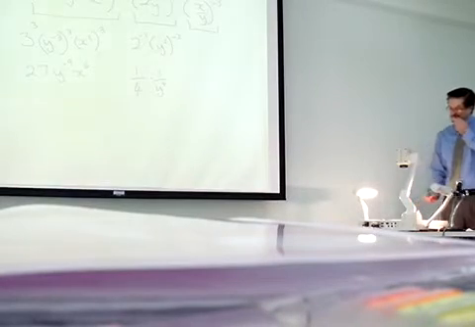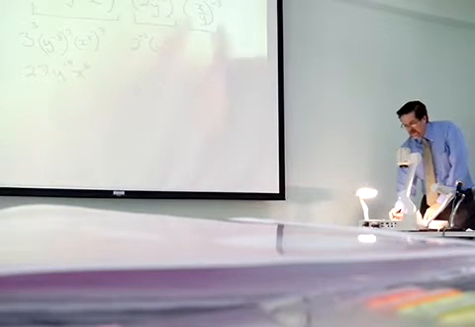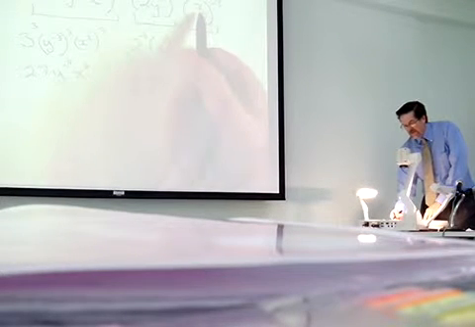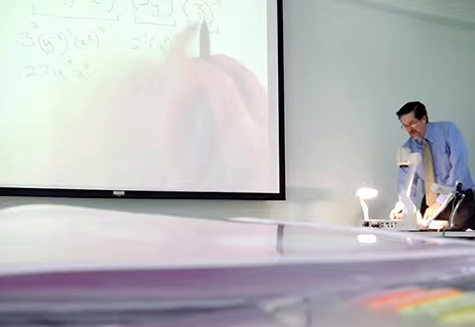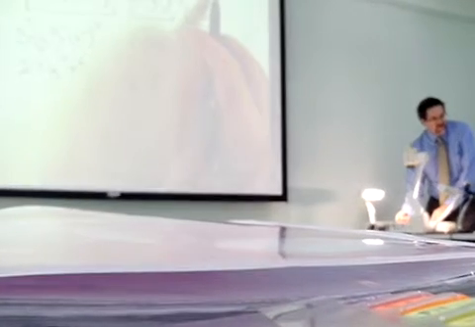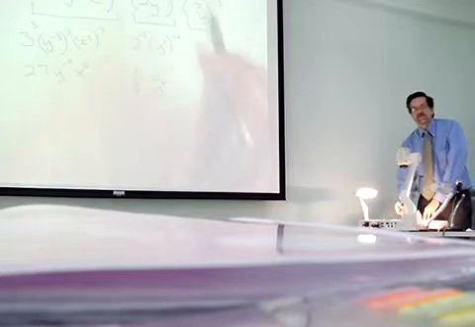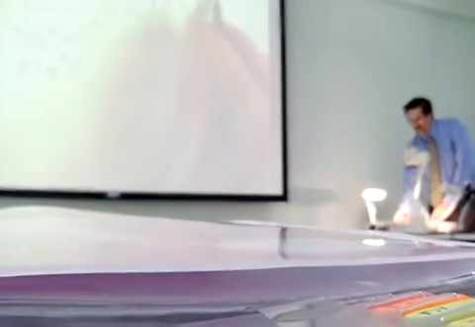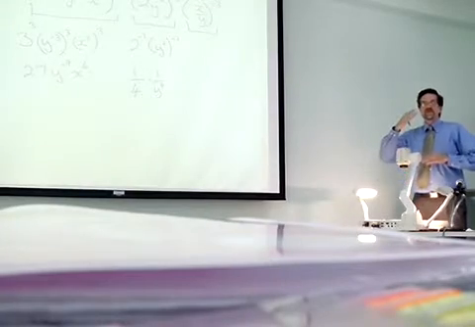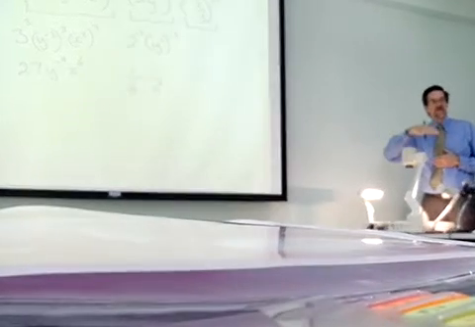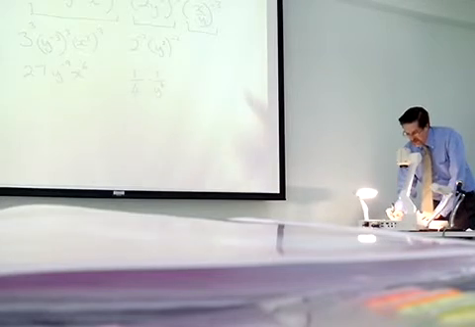And what about the third one? In this case, we have x divided by y to the exponent negative 3. So if we have a negative exponent, it is 1 divided by that.